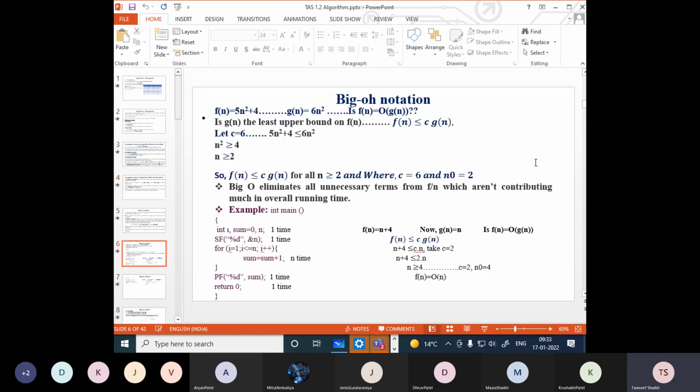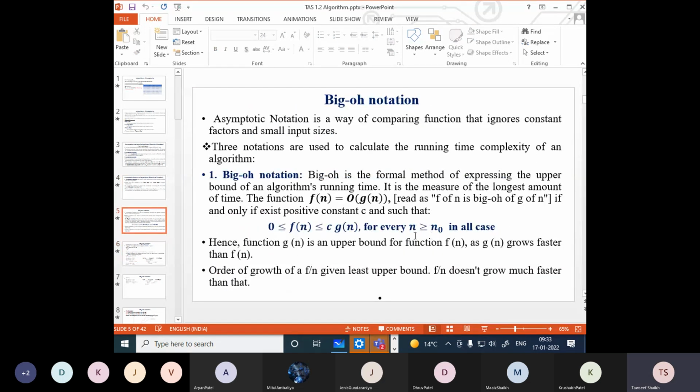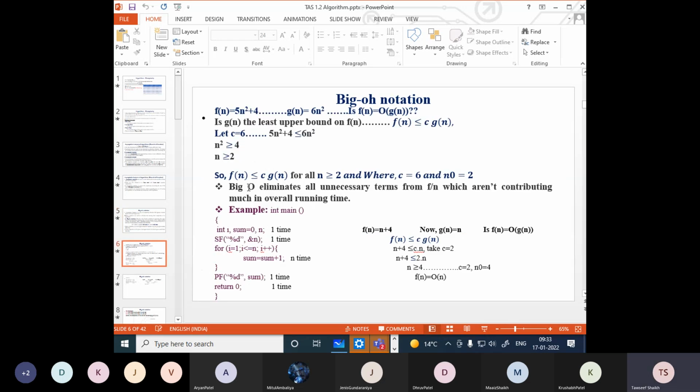And this is what, from the definition, we mean when we say n should be greater than or equal to some value n0. Some value n0 is 2 in this example. Here, this n should be greater than or equal to this 2, which is equal to n0. You getting? So this condition, 5n square plus 4, is always less than or equal to some constant times n square.